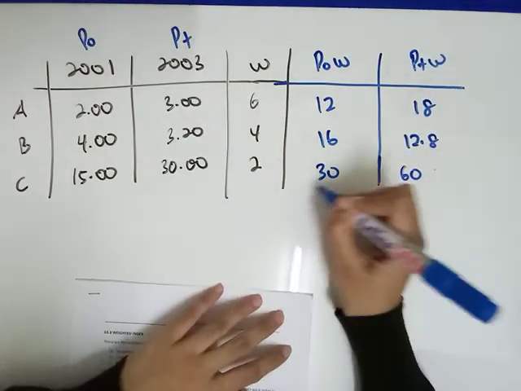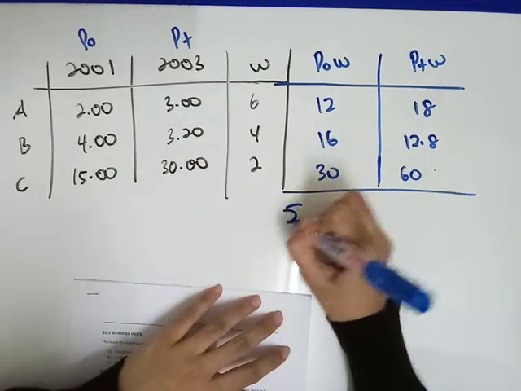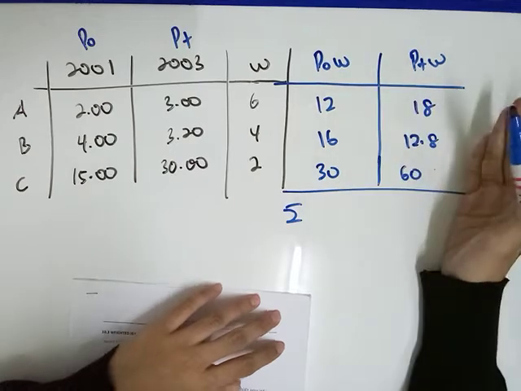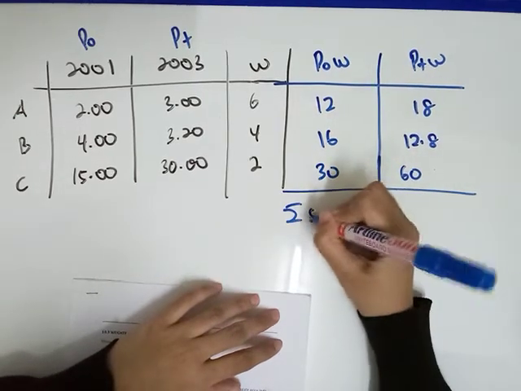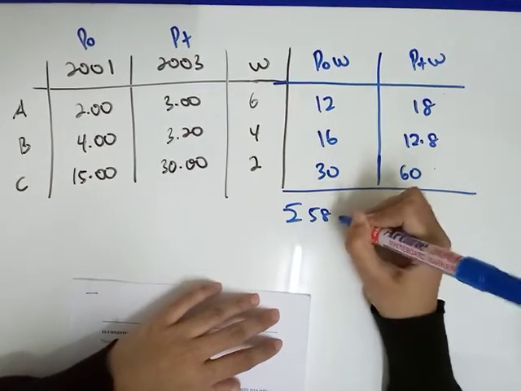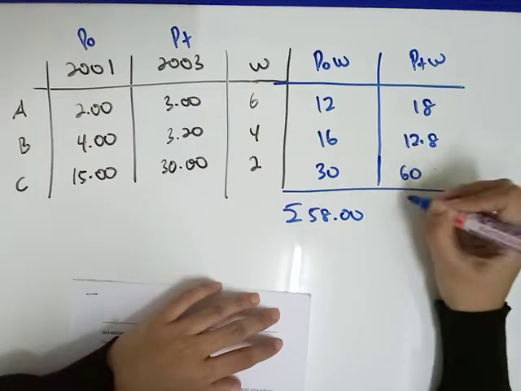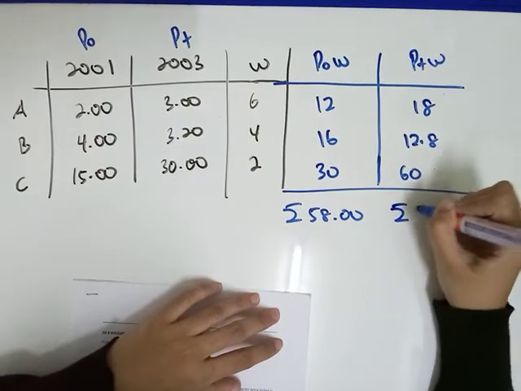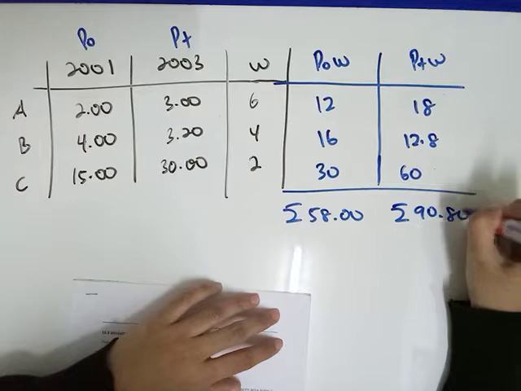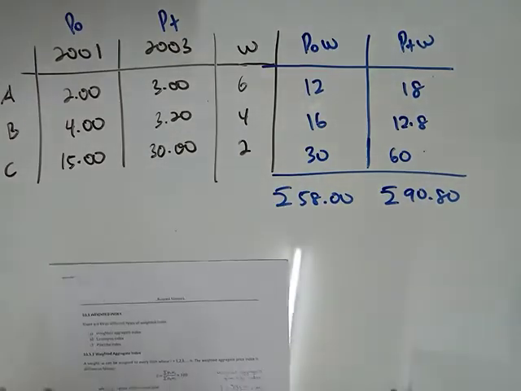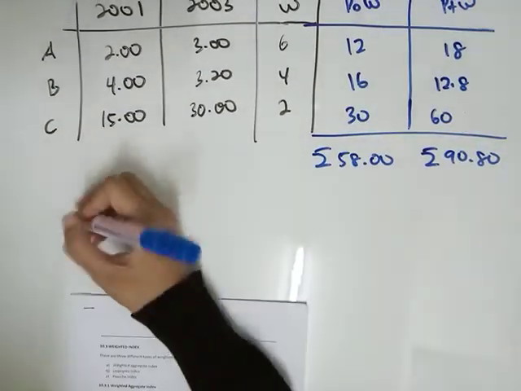Okay, then you need to total up for each term. Okay, total up, this one you will get 58. Okay, 58. This one you will get 90.80. And then you can substitute into formula.